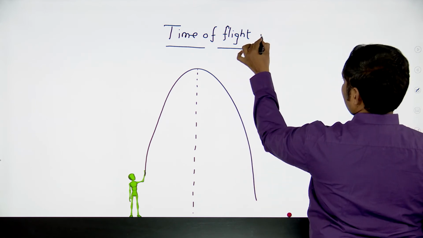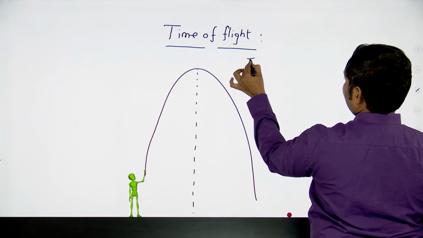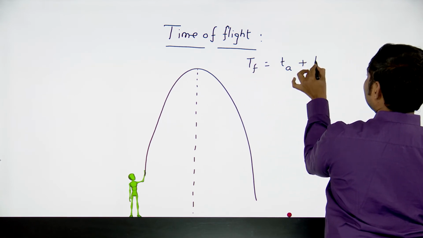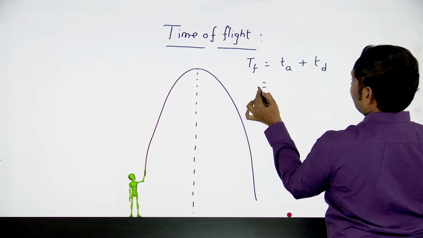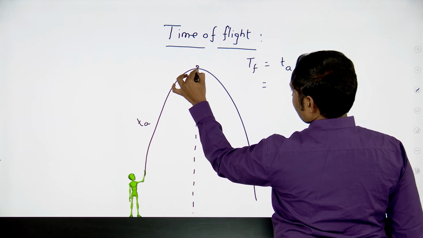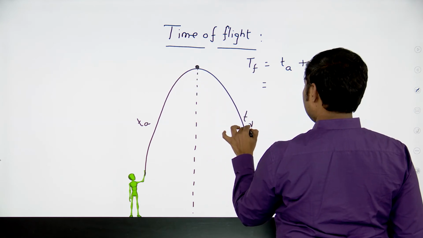TF is equal to TA plus TD. We go for the TA up to this extent, and this is going to be TD.